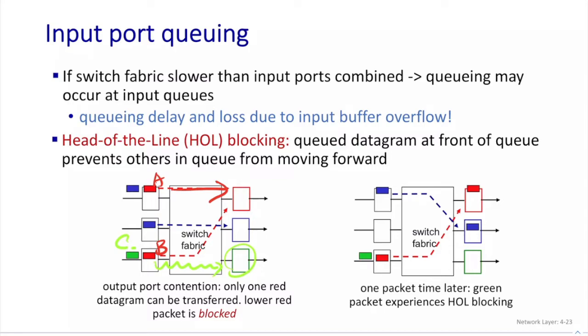Okay, the next question is more MIS. We are talking about queuing. If the switch fabric is slower than the input ports combined, queuing may occur at the input queue, right? And queuing delay and loss occur due to input buffer overflow. So think about one thing.